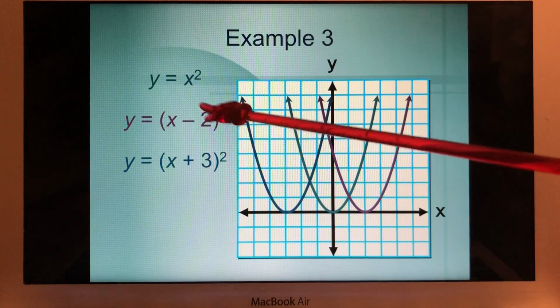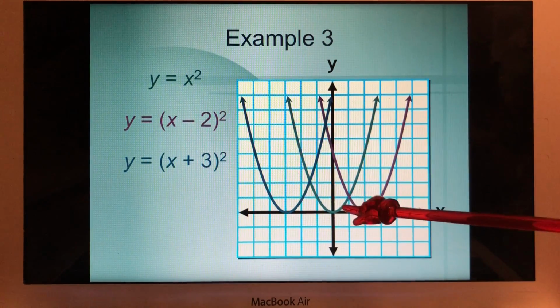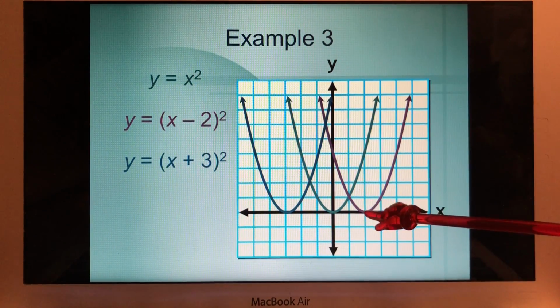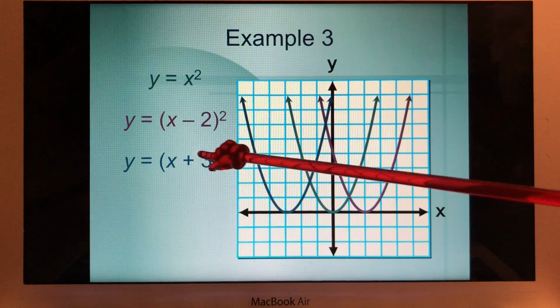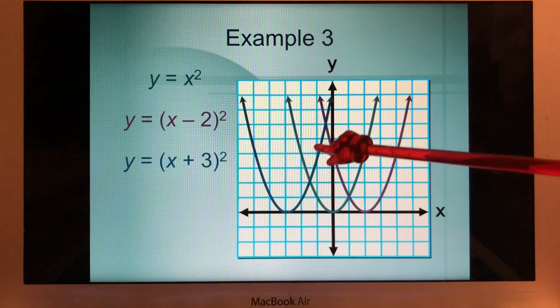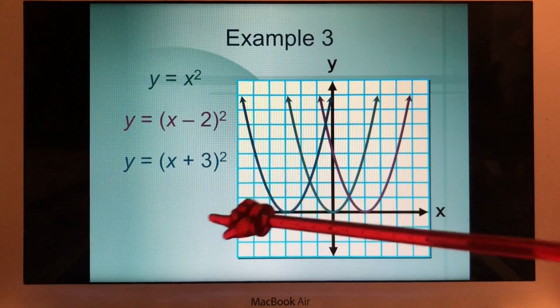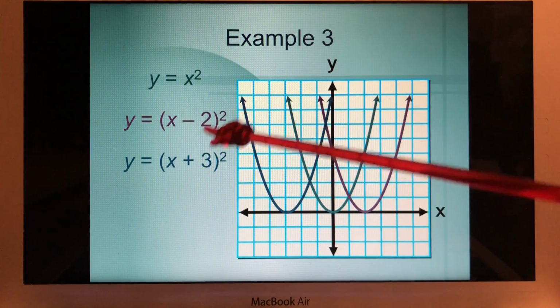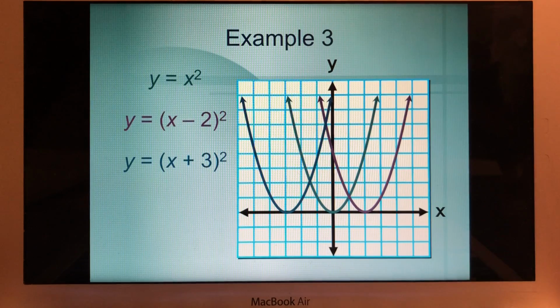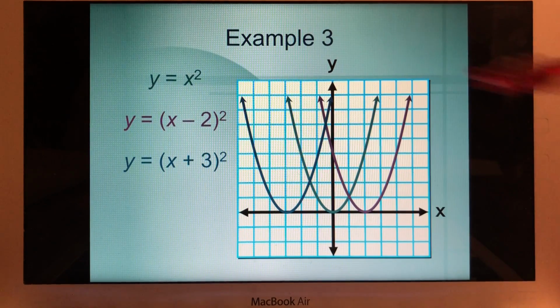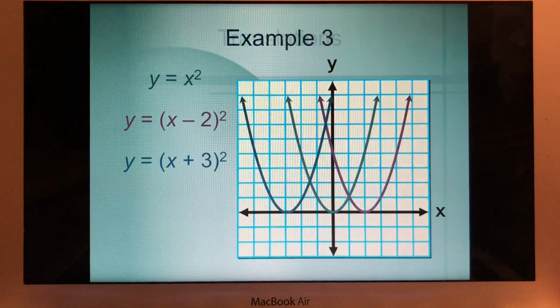So if you notice here, this is minus 2, you shift over 2 units to the right. Here, because this is plus 3, you're going to shift over 3 units to the left. So when it's minus, you shift to the right. When it's plus, you shift to the left.